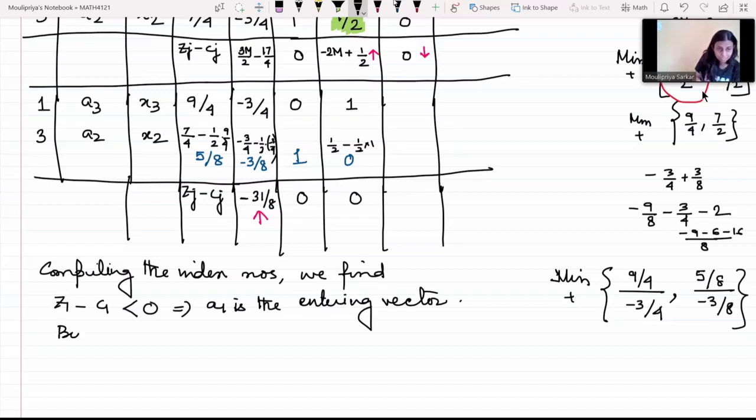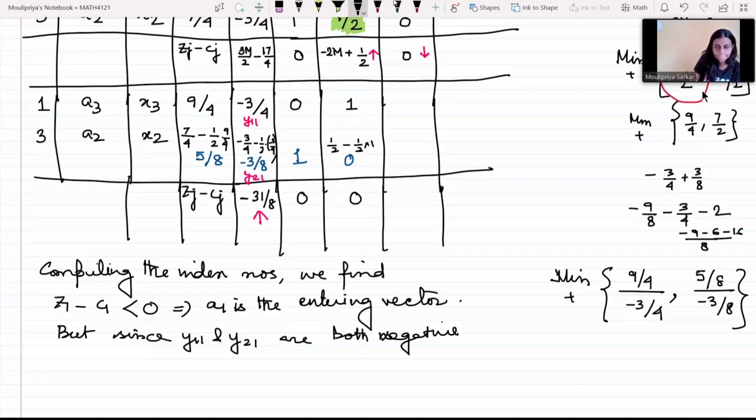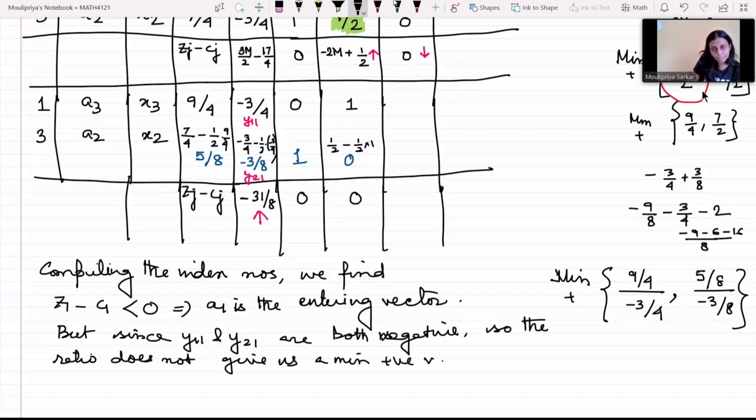But if I name this one as Y11 and this one as Y21, since Y11 and Y21 are both negative, the ratio does not give us a minimum positive value.